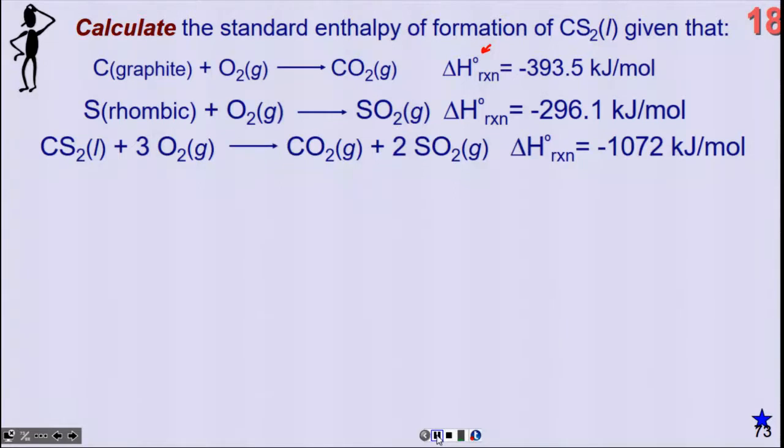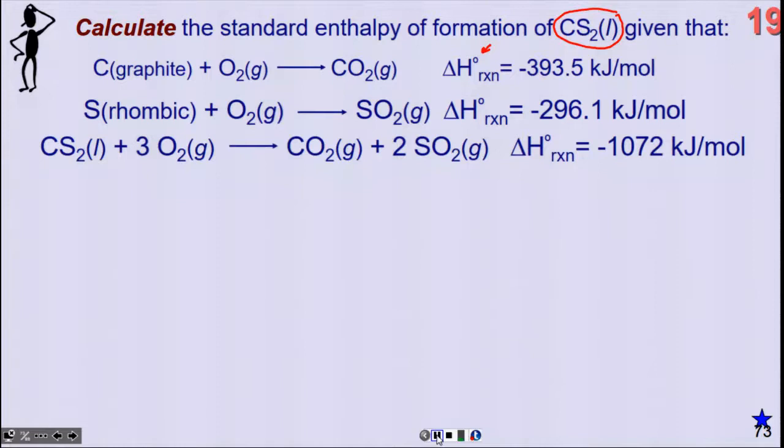S rhombic is a standard state of sulfur, which we haven't discussed, but it's one of those curious forms of sulfur. It has a few. And the heat of formation for that process can be used to calculate the standard heat of formation of the liquid CS2 if we use one more equation.